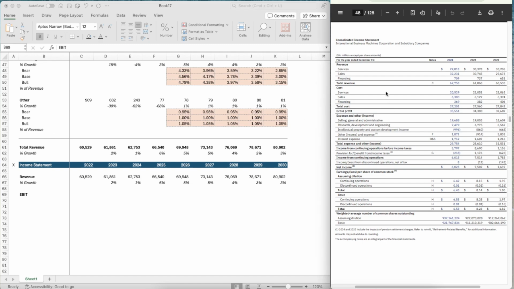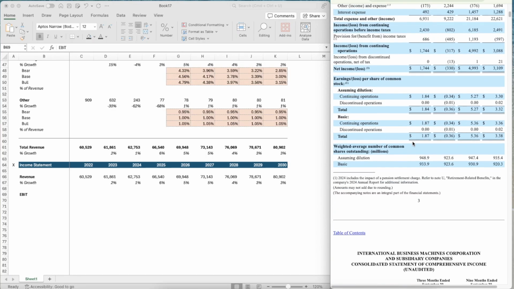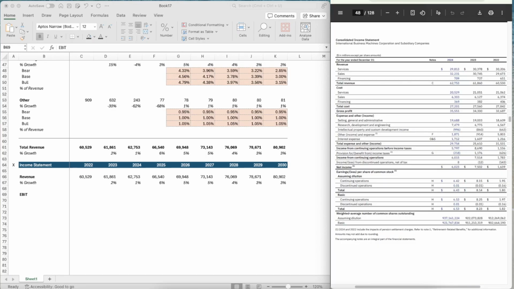So the EBIT, come on to page 48 of the annual report, and it's on page 3 of the 10Q. So what do we want from here? We want income from continuing operations before income taxes.